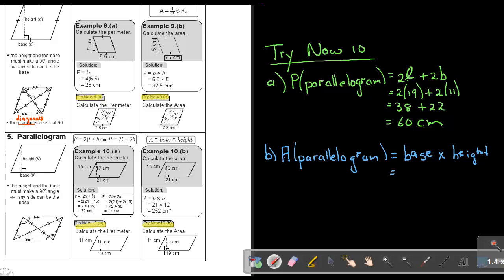So this is your base, that's going to be 19. And the height must make 90 degrees with the base, so that's going to be 10. That's going to give me an answer of 190 centimeter square. And that's how you work out the perimeter and the area of a rhombus as well as a parallelogram.